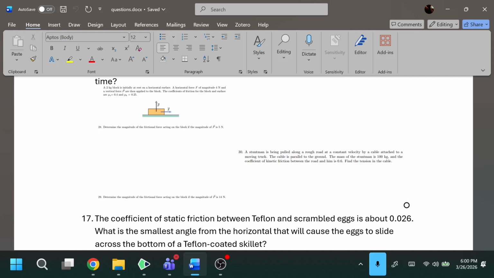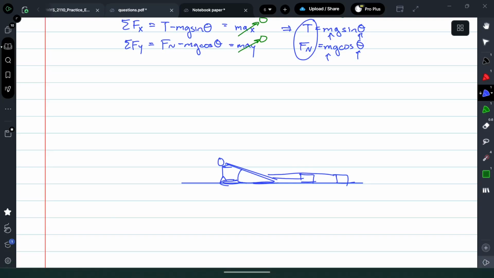The equivalent here would be the mass of the sled plus the guy on it. I would consider that the most reasonable system because it's all moving together. And the coefficient of kinetic friction between, in this case, the snow and the sled, is some number. Find the tension in the cables the dogs are pulling the sled with.